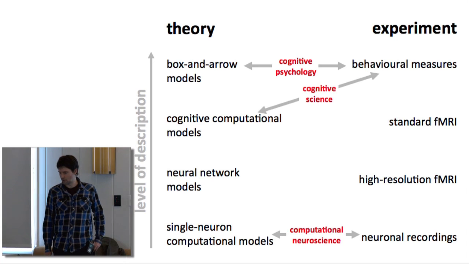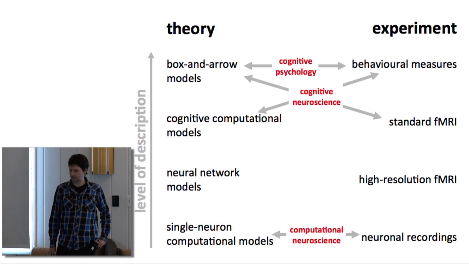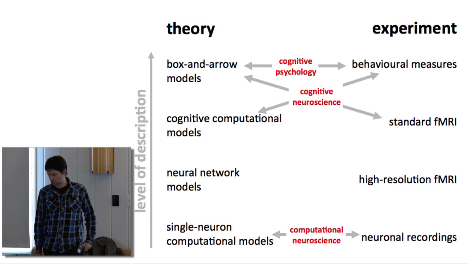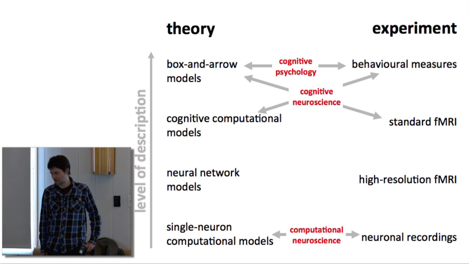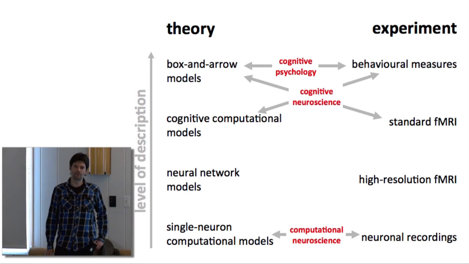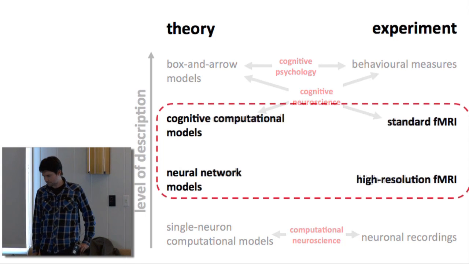Cognitive science was the attempt to make the link between behavioral measures, as in cognitive psychology, and cognitive computational models. In the last 20 years, perhaps, it has been somewhat overshadowed by cognitive neuroscience, which in a sense went back to the box and arrow models, taking a step back, if you will, and linked that up with standard fMRI, drawing the connections between the boxes and the brain blobs.